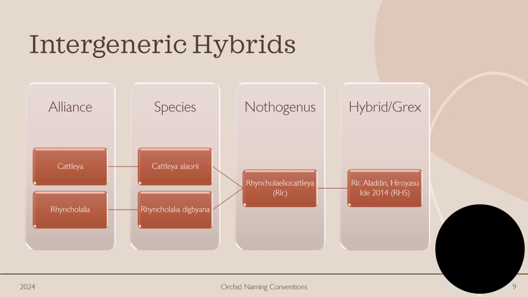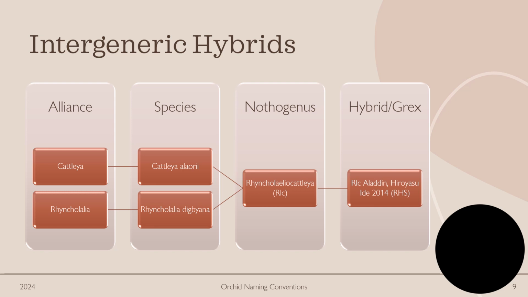In this instance, a cross that was made in 2014 between Cattleya aloii, which is a fairly newly discovered Cattleya, and Rhyncholaelia digbyana, which we all know, the big green frilly-lipped Rhyncholaelia.